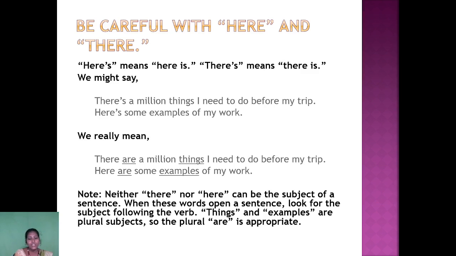That's why we use the plural form of the verb. Neither there nor here can be the subject of a sentence. When these words open a sentence, look for the subject following the verb. Things and examples are plural subjects, so the plural verb are is appropriate. That's why we use the plural form of a verb.